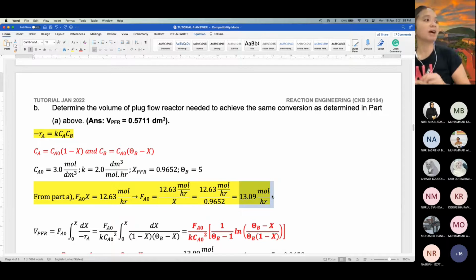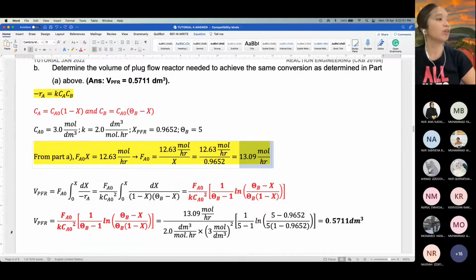I will get now my FA0. Okay, again, I repeat. In part A, we got FA0X because we did not know the X. In part B, now I can already find my FA0 because I already know the X. So I replace the X with 0.9652. I get purely my FA0 as 13.09. So I replace my FA0 with 13.09.